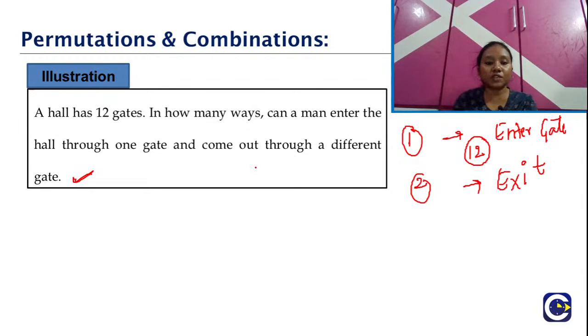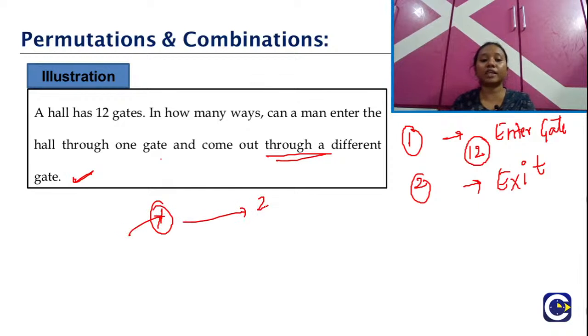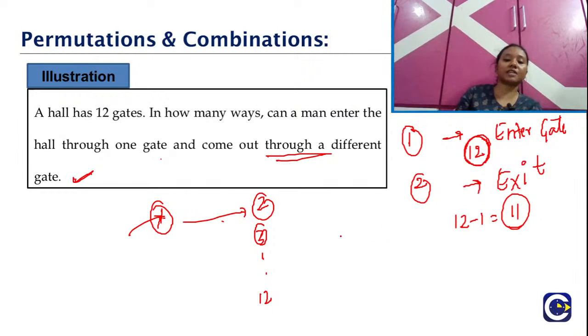If a man goes in through gate 1, he can exit from any of gates 2, 3, 4 and so on until 12, except gate 1. Which means when we have 12 entry gates, the exit gate will have 12 minus 1, that is 11 possible outcomes, right? So let's compare to our fundamental principle of counting now.